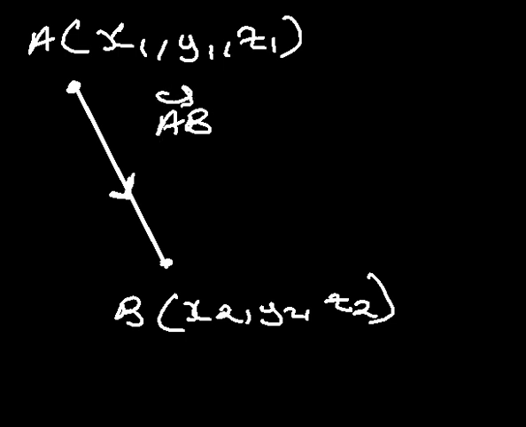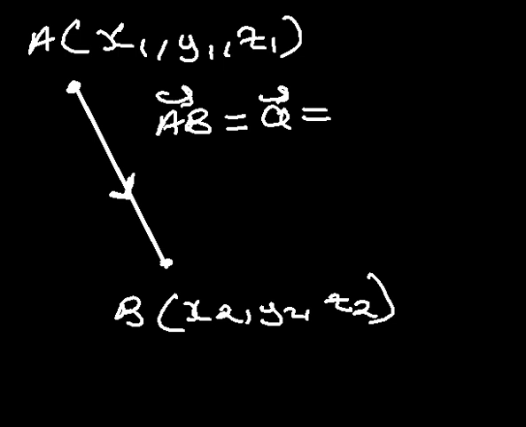And of course, we can think of presenting the position vector AB as a small letter a. So the vector AB has been expressed as the vector a.